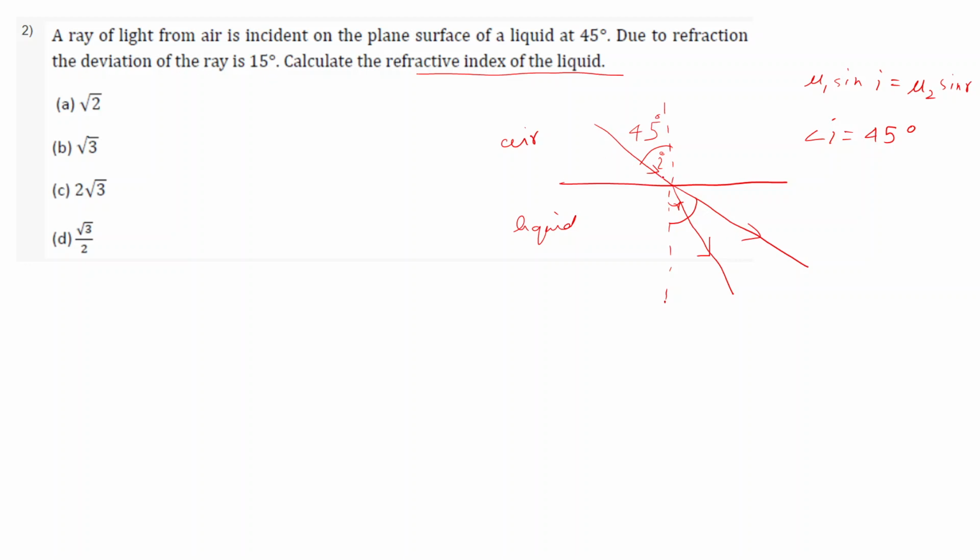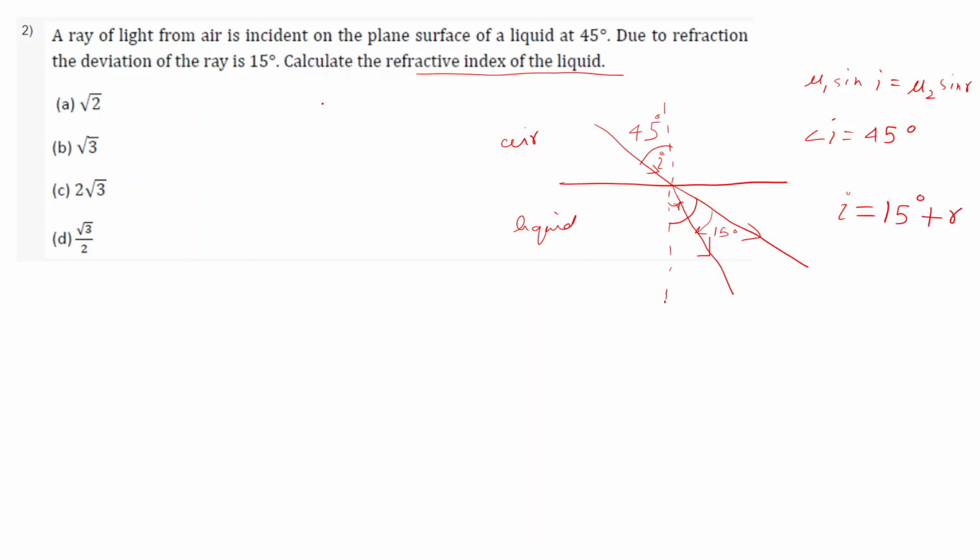Means if there would not be refraction, the ray of light will go in this direction, but there is a deviation of 15 degrees, and then this is angle R. So we can see here the total angle, which is equal to I, consists of the deviation, which is 15 degrees, and the angle of refraction.